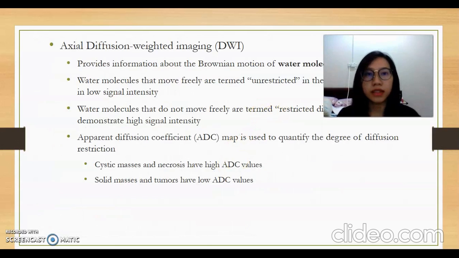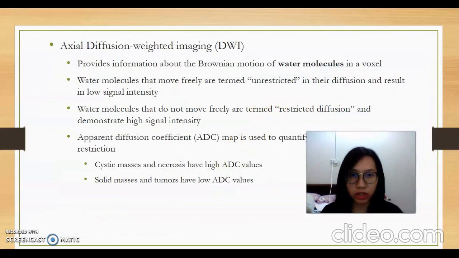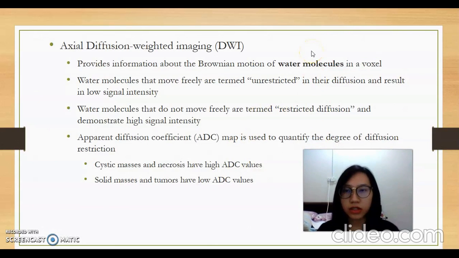Next is diffusion weighted imaging. Diffusion weighted imaging provides information about the Brownian motion of water molecules in a voxel. When we use DWI, water molecules that move freely are termed unrestricted in their diffusion, and this will result in low signal intensity, or dark, in the image.